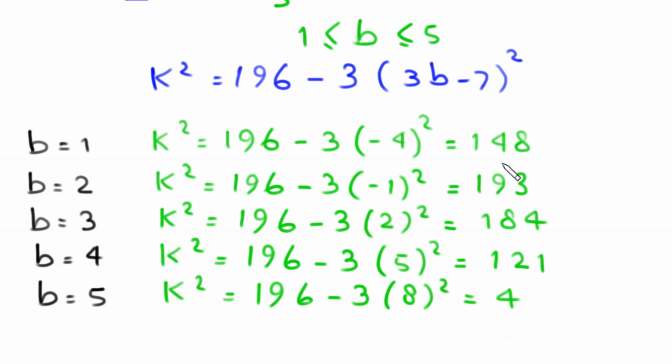Now this 148 is not a perfect square, so this will be rejected. 193 is not a perfect square. So 121 is a perfect square, so we accept this value of b equal to 4, and 4 is a perfect square, so we accept this value of b equal to 5.